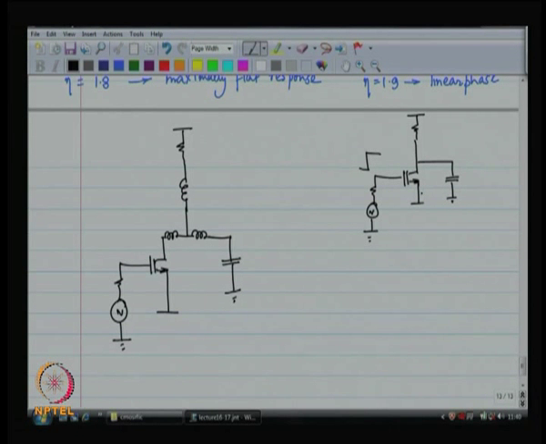So, the current through the device is also going to follow a step, but the voltage at the output you want that to follow a negative step. So, initially the voltage was at power supply, now you would want the voltage to go down. This is the basic idea. This should be the ideal step response.